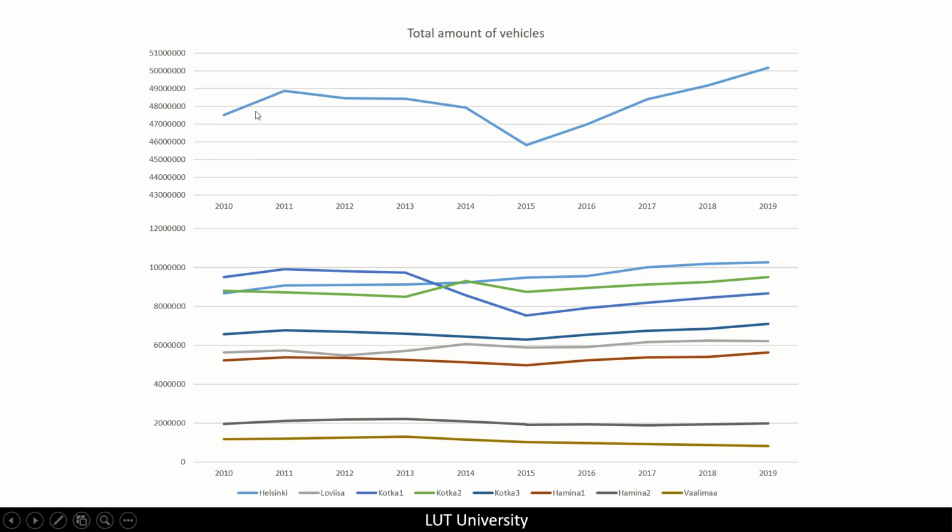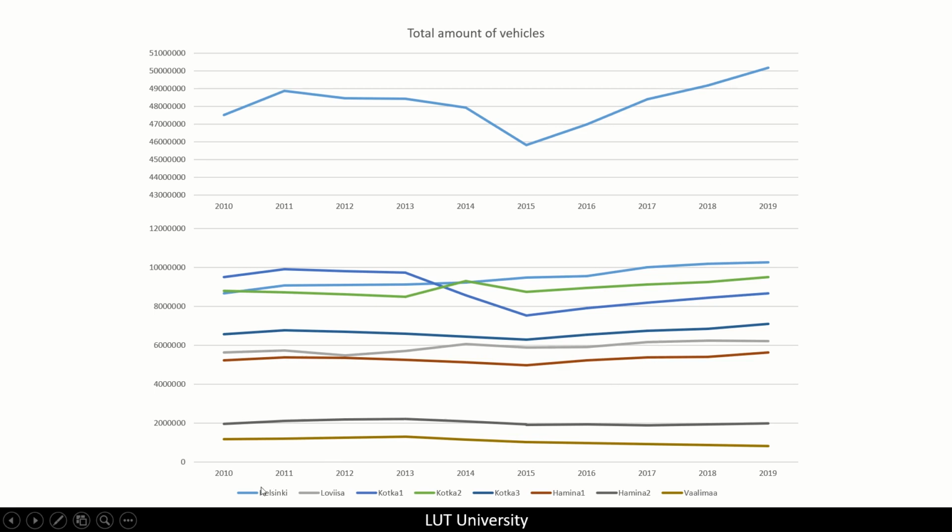And here in the first graph, for example, we can see how the total amount of vehicles alongside the E18 has been developing. So there has been some growth, and then in the beginning of the decade it stagnated and started dropping. But interestingly enough, after 2015, we can see a sharp rise, and it seems to be still growing as of now.